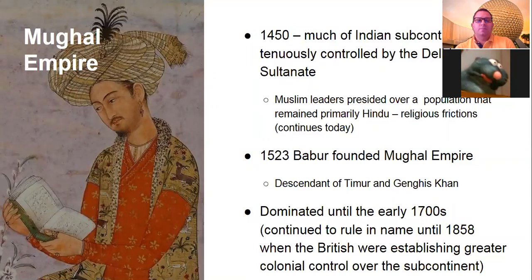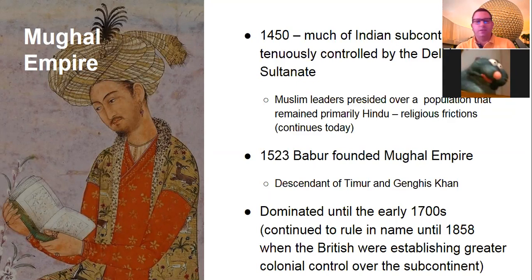Officially speaking, the Mughal Empire is founded in 1523 by Babur. He claims that he is a descendant of Genghis Khan. Whether or not that's true, obviously we can't verify that, but he certainly believed and made everybody aware of the fact that he was a descendant of Genghis Khan.